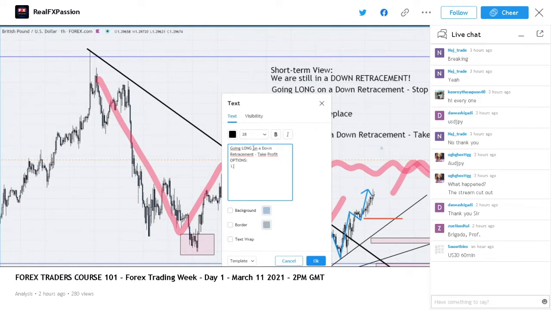So number one, maybe partially take profit on the relevant high. Number two, cancel and replace. Number three, other indicators that you are using.